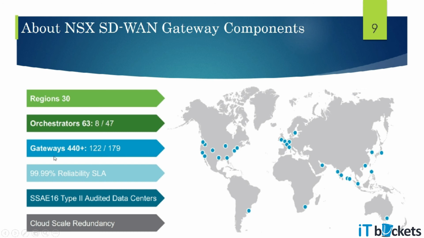There are orchestrators in 63 countries and 440-plus gateways around the world, and availability is 99.99%. Cloud-scale redundancy is increasing day by day around the world, providing gateways for customers to access from their regions.